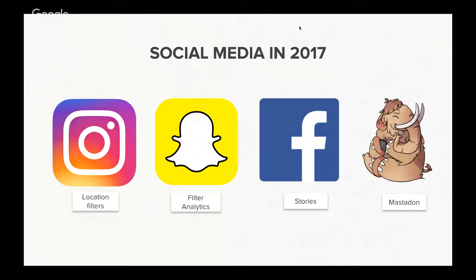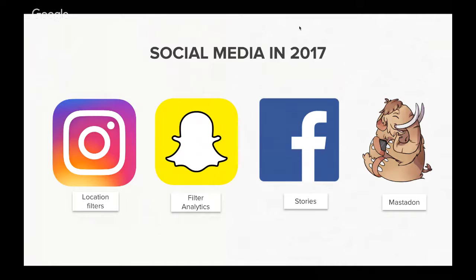Location filters are kind of like the Snapchat geo filters, if you're familiar. The whole point is that you can add a location stamp to your story to let people know where you are. Snapchat announced filter analytics, which I believe just happened yesterday or really just this week. That is aimed at small businesses, trying to help them actually figure out who's using filters, trying to get a little bit more into the SMB market.